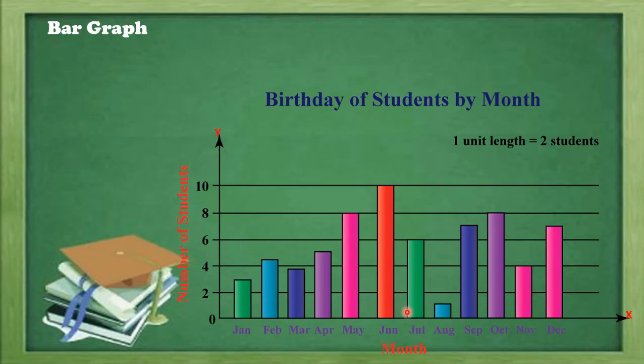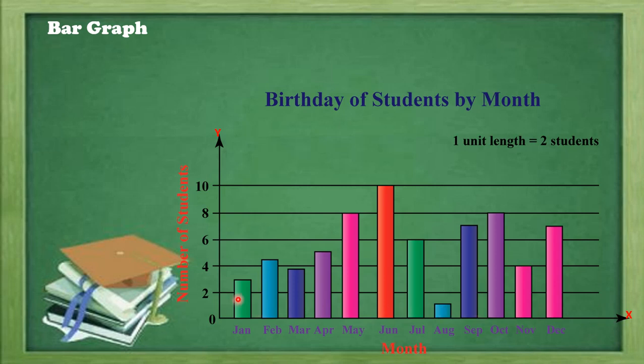Similarly, the bar graph. Here we can observe the number of students along the y-axis and the month on the x-axis, and these rectangles, or you can say the bars, show the number of students whose birthday is in January or February or June or July.